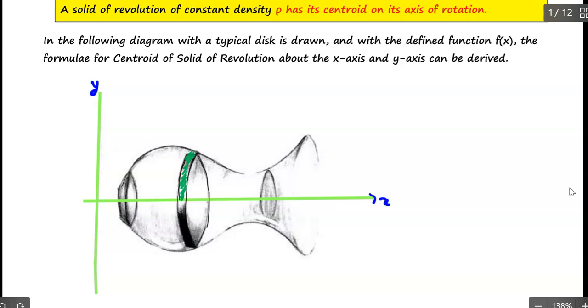This is one of the elements that I'm going to use, which is the vertical element, and this one I'm going to call dx. From here to here, this is A, and this point I'm going to identify as B.